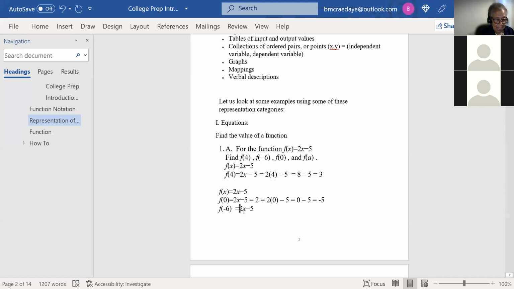Chastity, my x values are changing. Okay. So now I put a minus 6. Okay, got it. You got it? And now that's for the x, and I have a minus 5. So what's that equal to, Chastity? What's 2 times a minus 6?